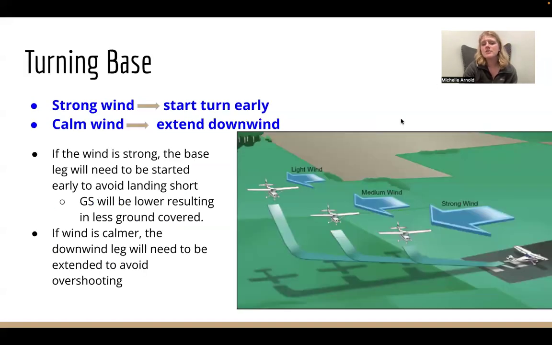Okay, so when you're turning base, you want to think about the wind, and if you have a relatively strong wind, you're going to want to turn base early, because if the wind is strong, the ground speed will be lower, resulting in less ground covered.